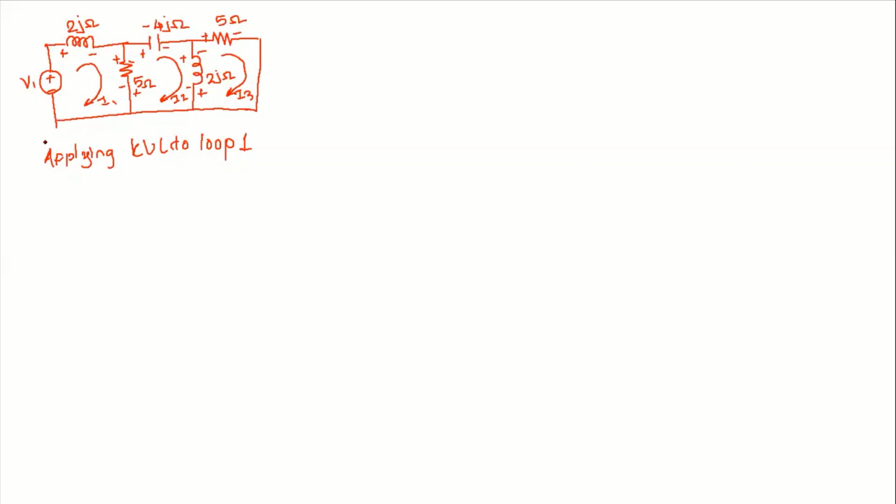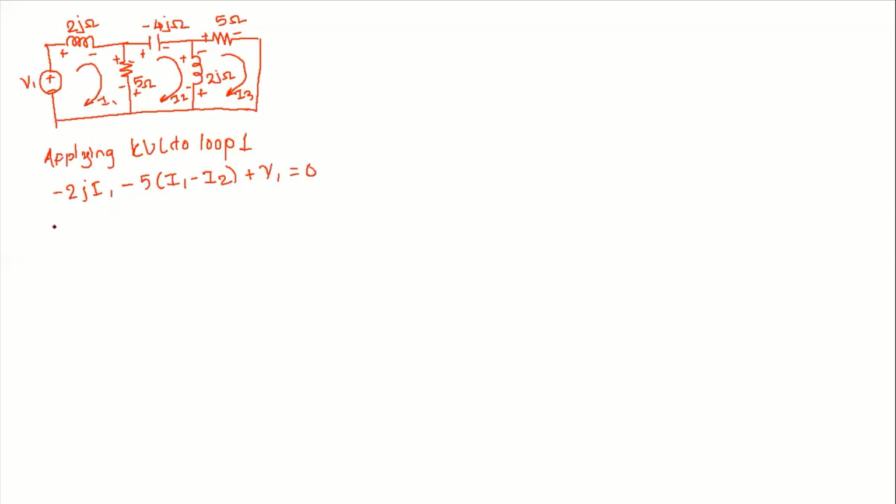First we'll start from I1. Loop 1 has the current I1, so we can write it as minus 2j I1 minus 5 into (I1 minus I2) plus V1, which is equal to 0.